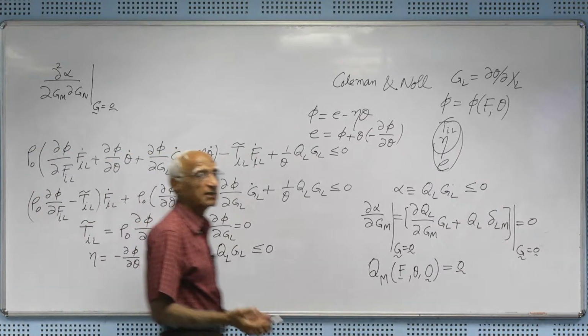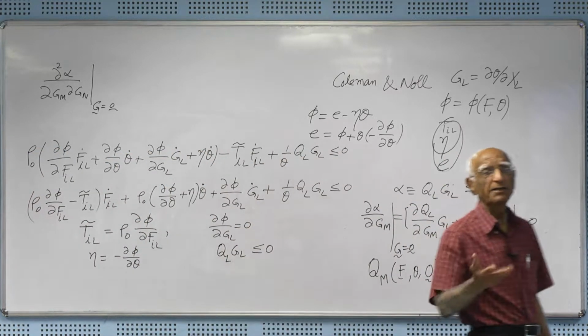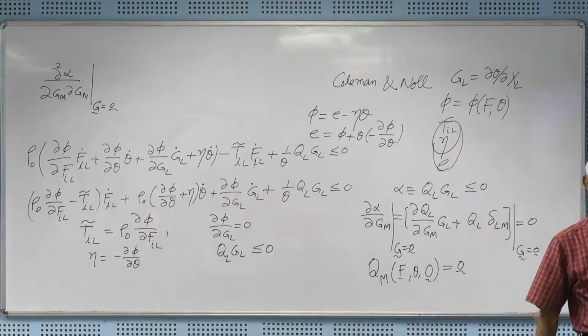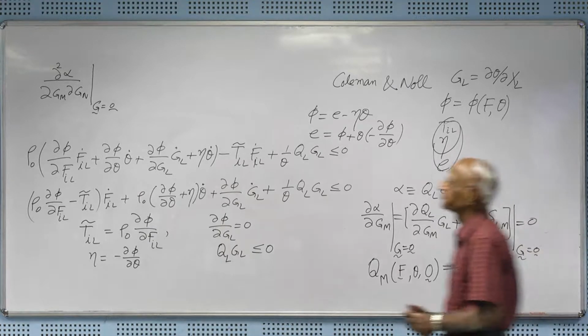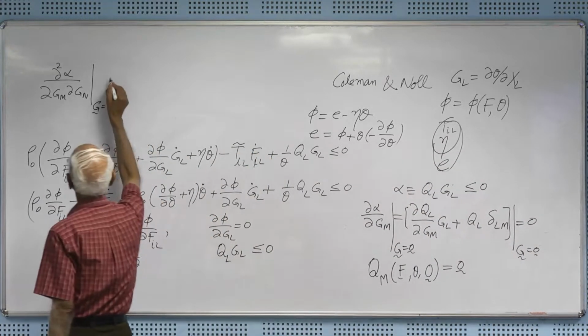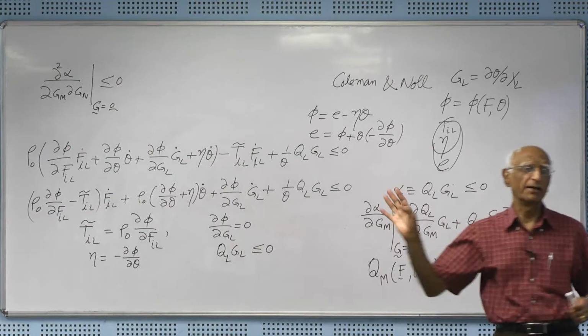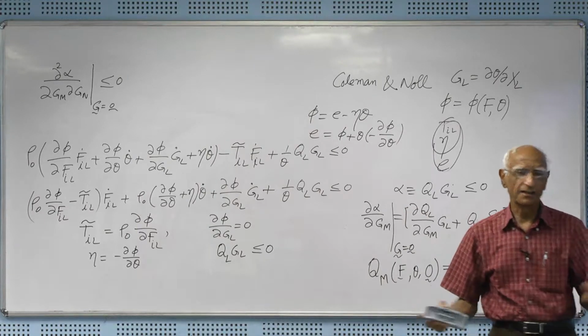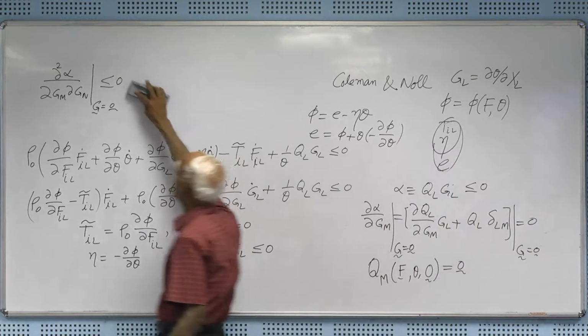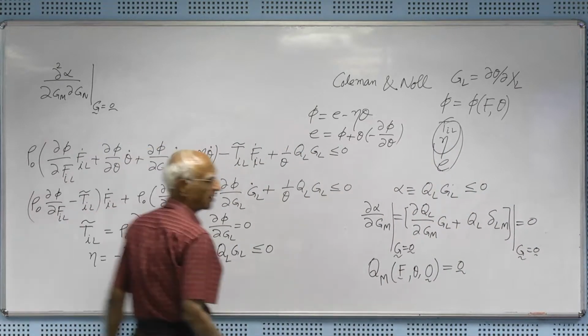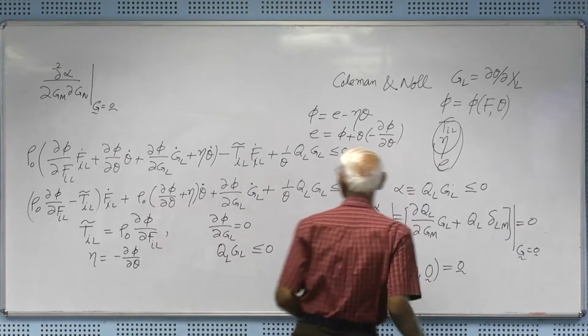What should that be? It's now a 3 by 3 matrix. Should it be positive definite or negative definite? Negative definite. This is a sign for negative definite. It doesn't mean less than or equal to 0, so maybe I should not write it like that. So it's negative definite.